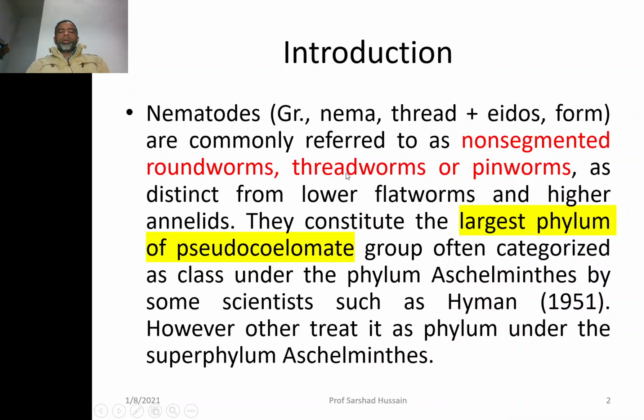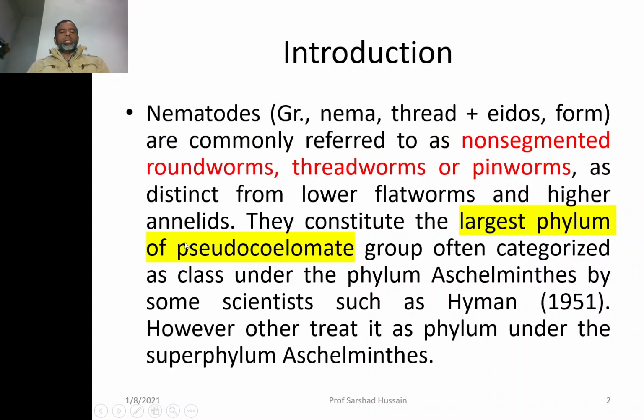These features differentiate the nematodes from the lower platyhelminths and the upper phylum Annelida. They constitute the largest phylum of pseudocoelomate. So you must remember that phylum Platyhelminthes was also pseudocoelomate because they don't have the true coelom.